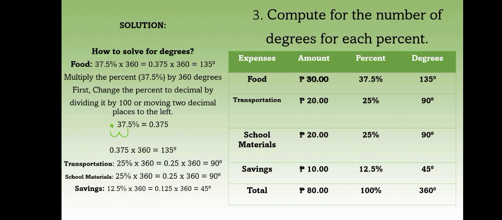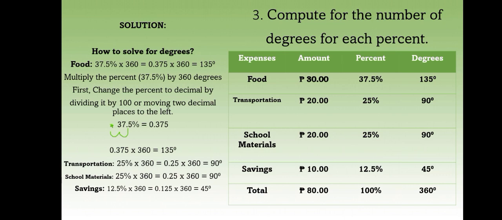For the transportation, we will do the same process or step. We will change first the percent to decimal. 25% becomes 0.25. Multiply by 360 degrees, we get 90 degrees.